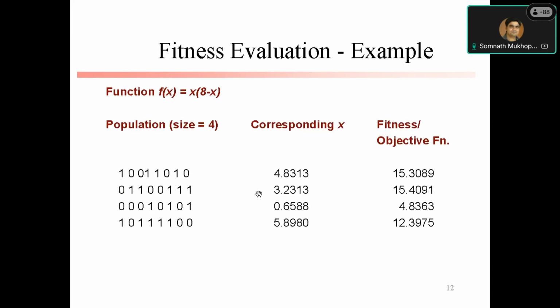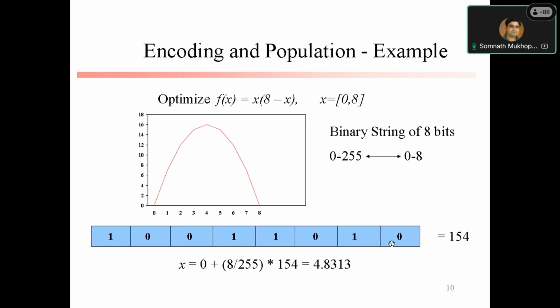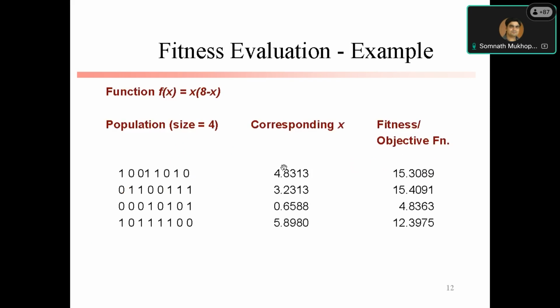Suppose the population size is 4, so there are 4 chromosomes, and this is the string, the chromosome, converted to the range of 0 to 8, which is 4.8, like that.